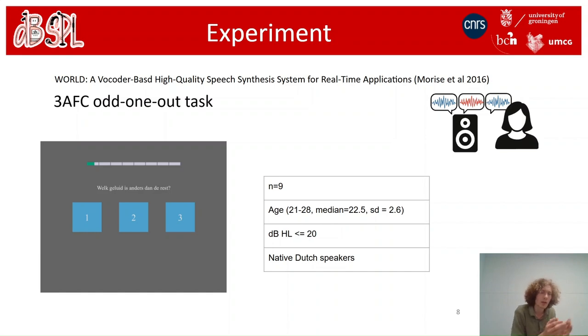We use DVTL, so differences in VTL of 0.5 up until 9, where in previous studies the JNDs, so just noticeable differences, for normal hearing for VTL were about 1.7, and for cochlear implant users about 7.2. So we have these three conditions.